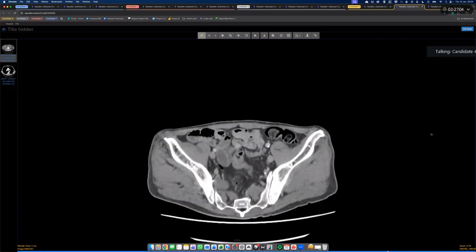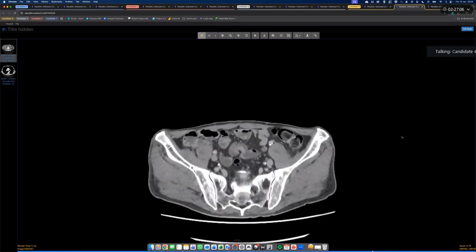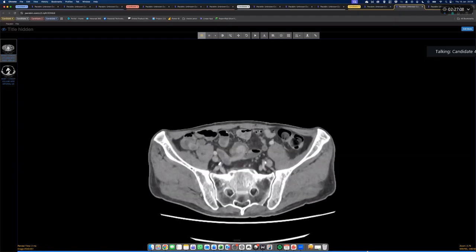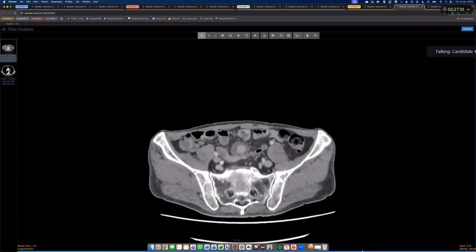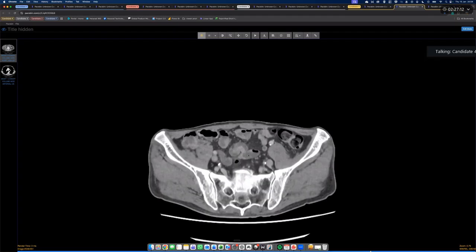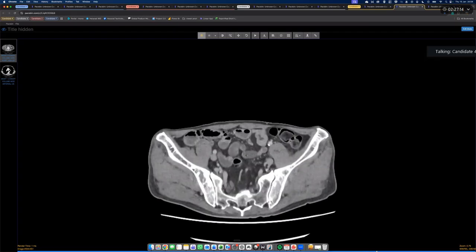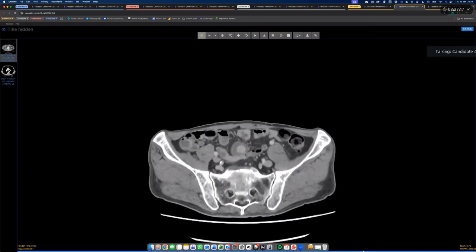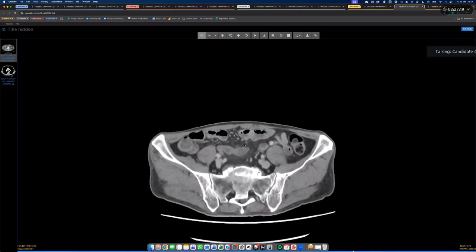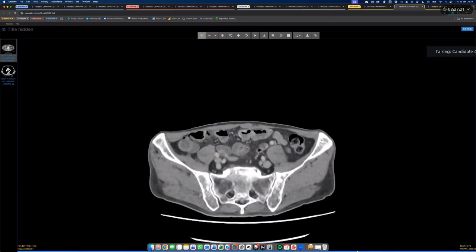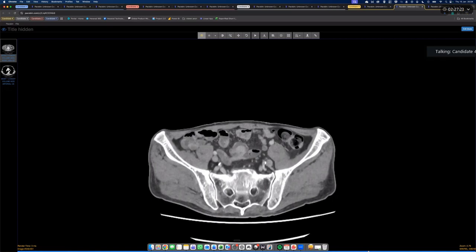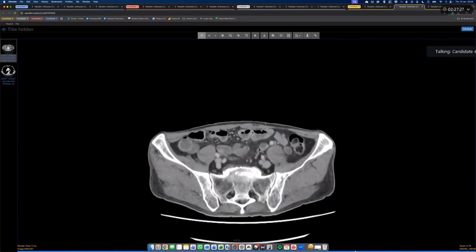I'm looking at the bowel loops. So I can see an enhancing lesion within the small bowel loops. So I have spotted the one. I'm looking at the rest of the bowel loops to see if this is single or multiple. However, it is not causing proximal bowel loop dilatation.